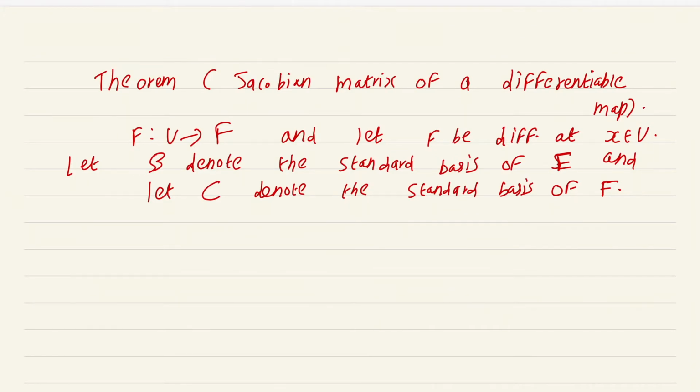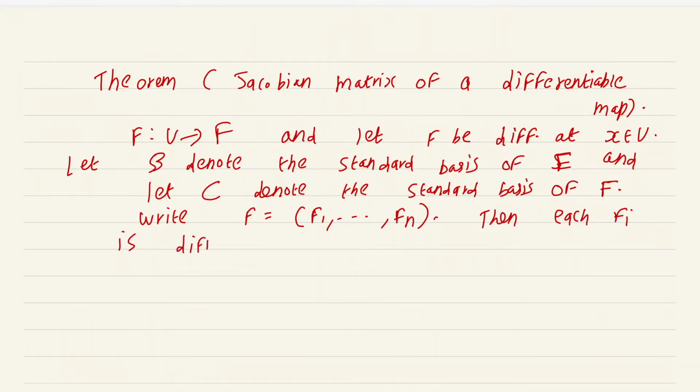Now write f as f1, comma, dot dot dot, fm. You can write f in terms of its coordinates. Then each fi is differentiable. What are these fi's?